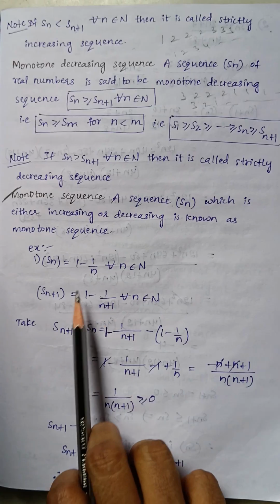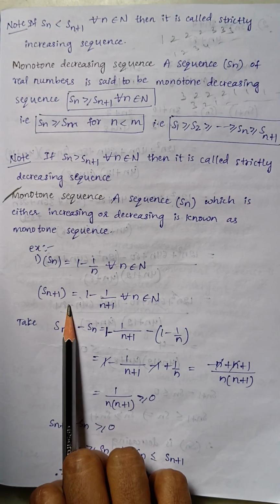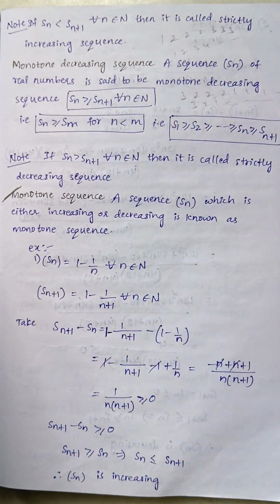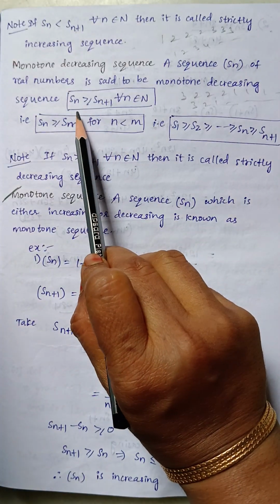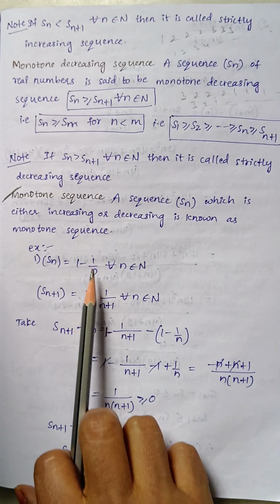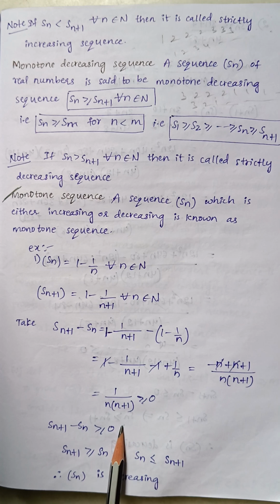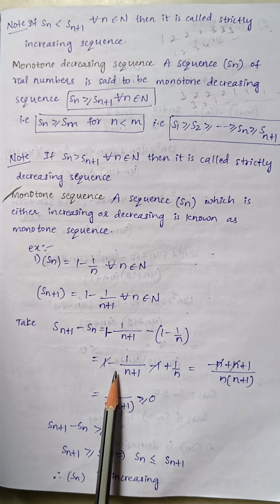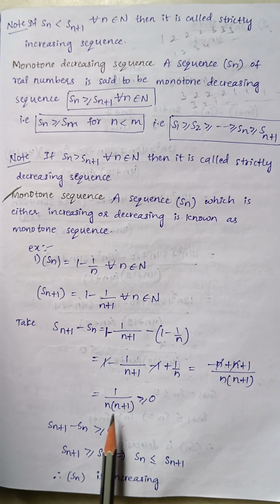Suppose you are taking this example, write Sn plus 1. What is the condition for increasing? Sn plus 1 minus Sn is greater than or equal to 0. Let us see. So Sn plus 1 minus Sn. When you take the cancellation of this, take the LCM: n into n plus 1, then minus n plus 1, then it will be this.